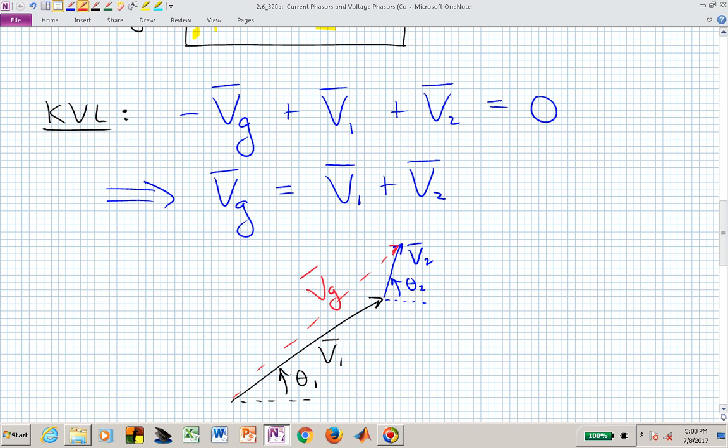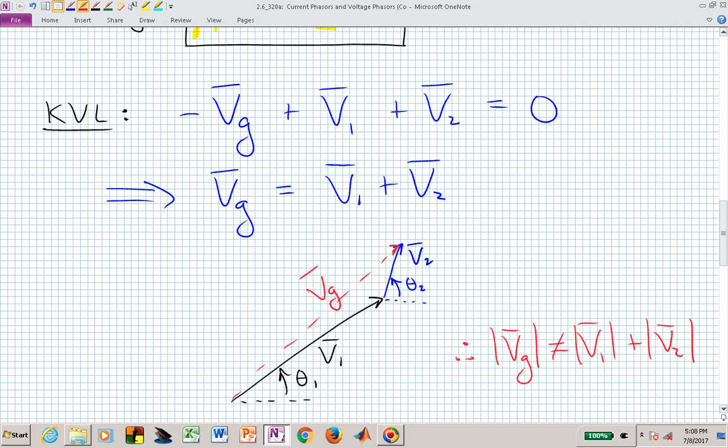And I hope it's clear that if you added up the length of V1 and the length of V sub 2, since these three vectors really are forming a triangle, the length of this third side is actually not enough to give you the length of the other two sides.